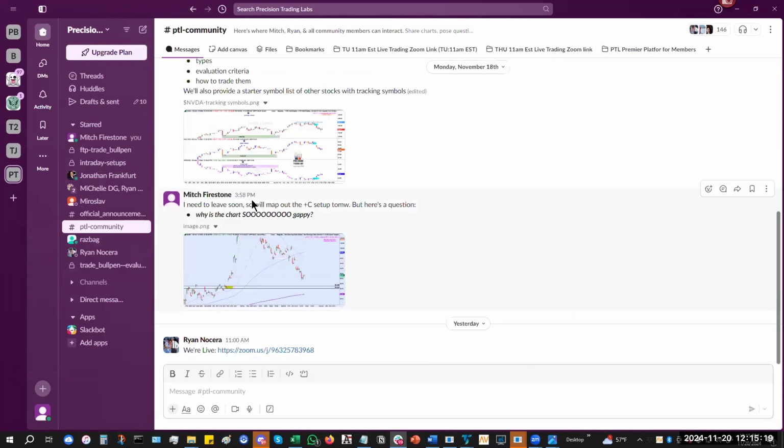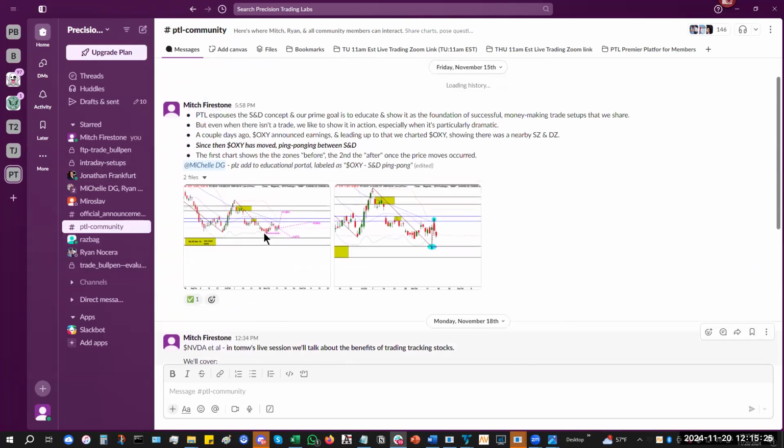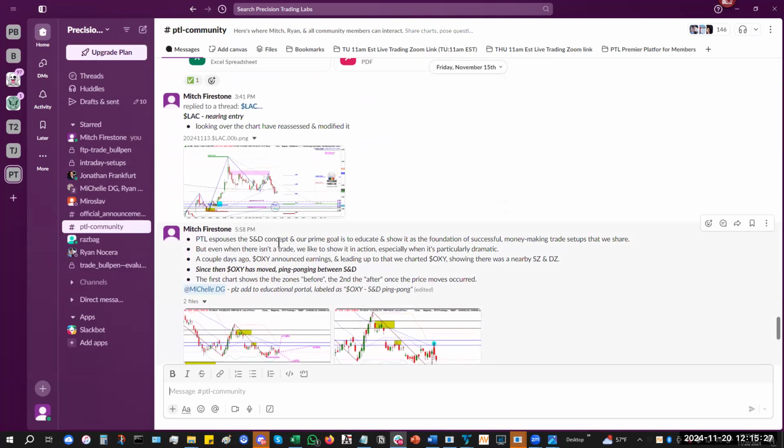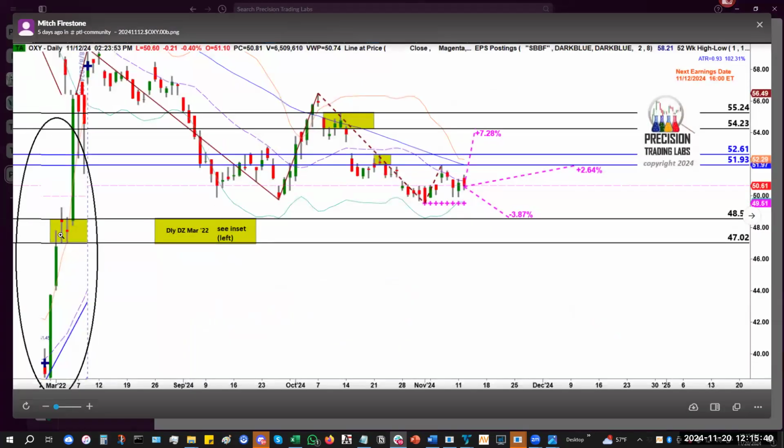Okay, and so this is where things get posted, just in terms of discussions that people have. This is where we generally put stuff that's not an explicit setup, but things that people are discussing. So in other words, right here, this was something where we were looking at a chart of Occidental Petroleum, and this wasn't even an explicit trade.